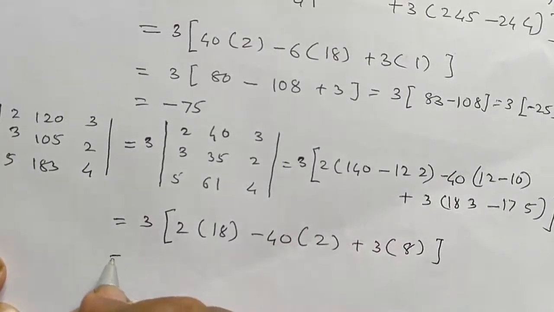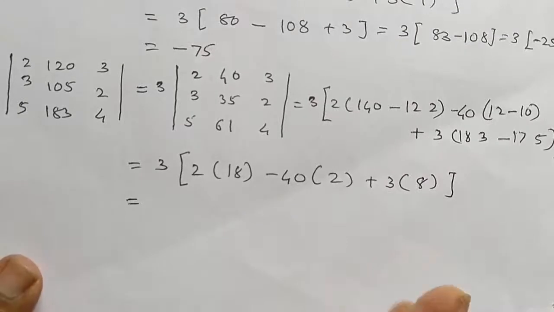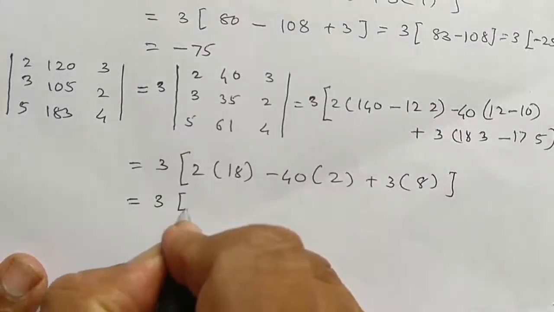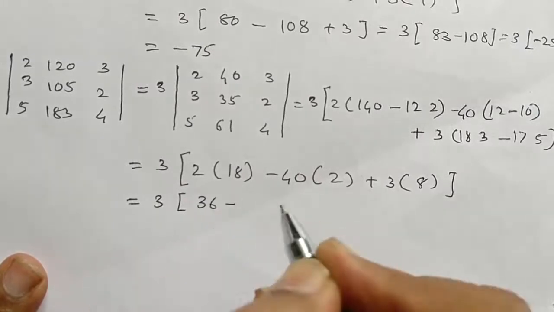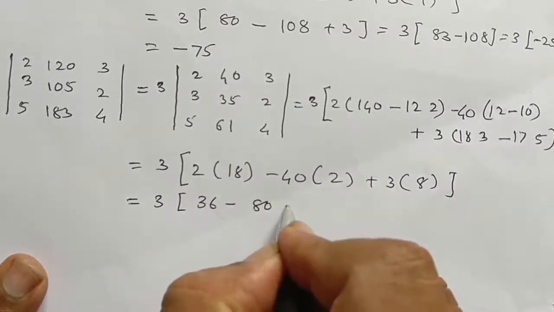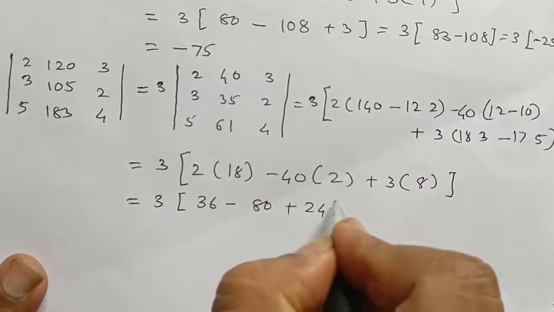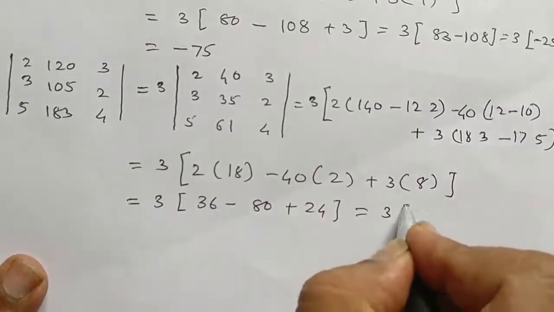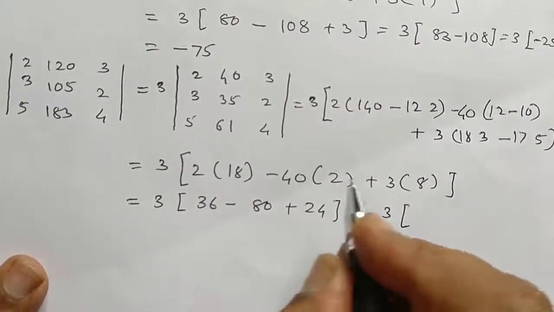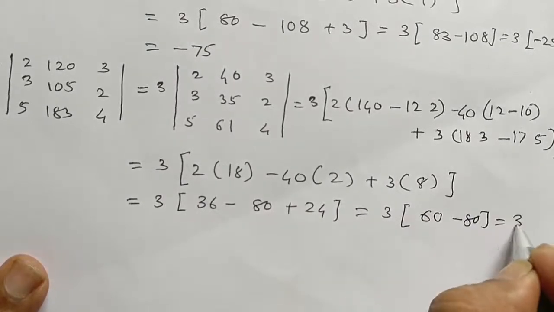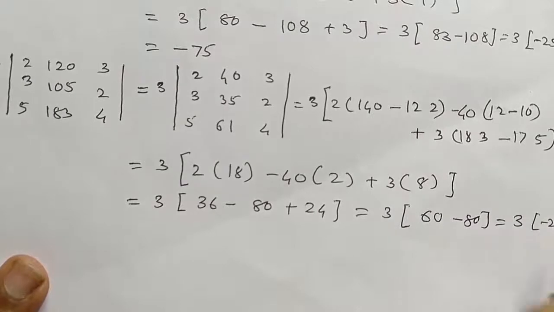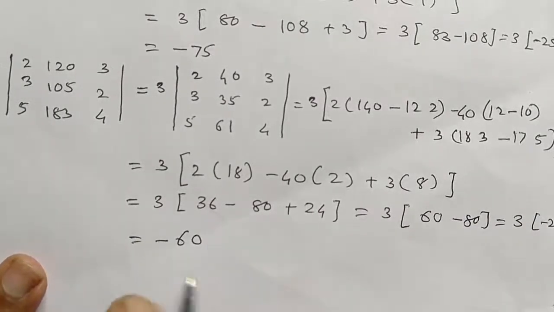This bracket complete is equal to 3 into 36 minus 80, 24 is equal to 3 into 60 minus 80, it is into 3 into minus 20, so this is equal to minus 60.